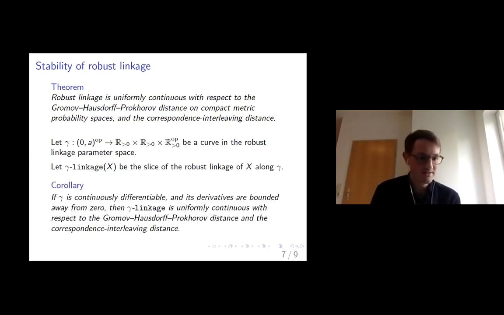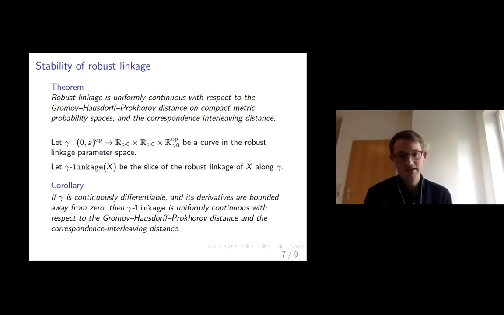And so then as an easy corollary of our stability theorem for robust linkage, we get a stability theorem for gamma linkage. So if gamma is continuously differentiable and its derivatives are bounded away from 0, then gamma linkage is uniformly continuous with respect to these same metrics.